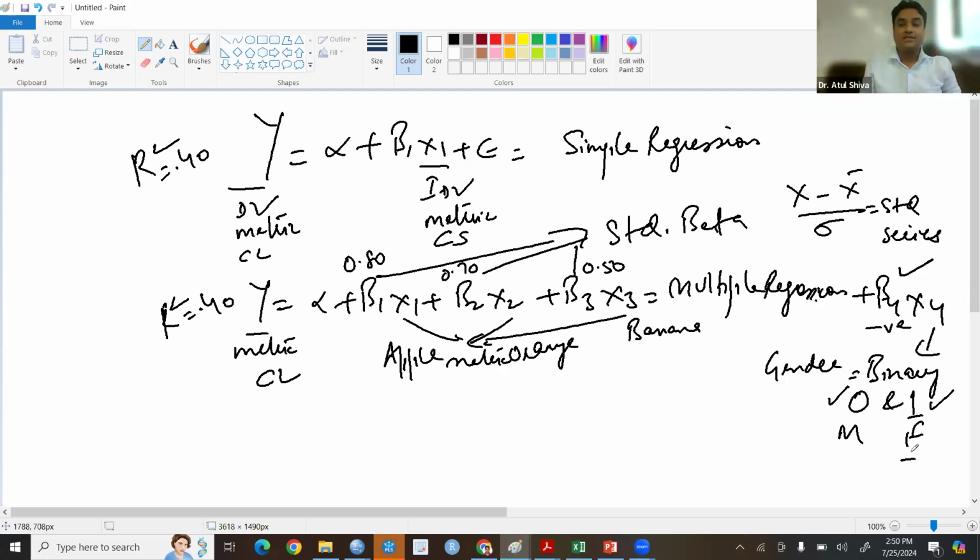If beta is positive, it is representing the 1 category. That means females are more active. Okay. Got it? Any variable, if it is binary, is reported only in plus or minus. Minus beta, 0 category; plus beta, 1 category. Got it? This is multiple regression. I can take binary data into multiple regression. This is one aspect of multiple regression.